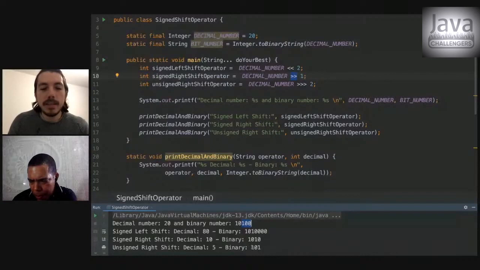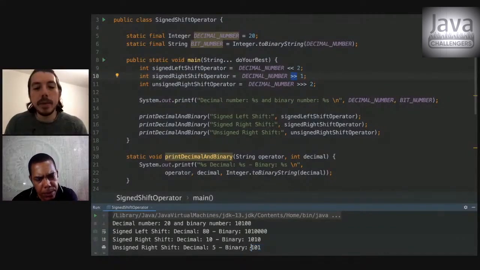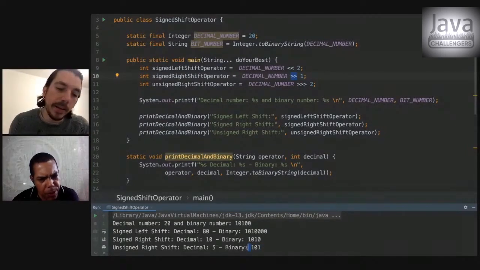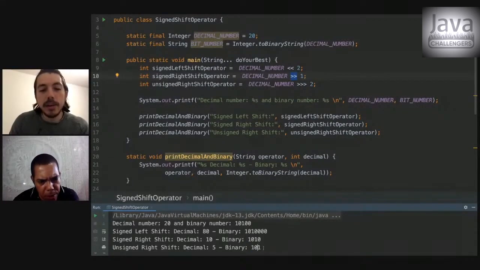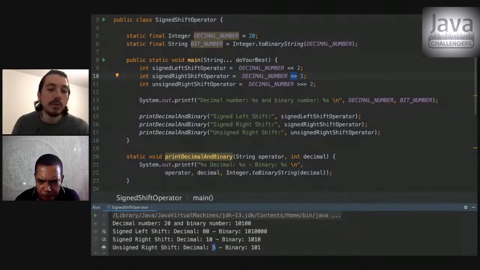Java will not show the zeros on the left, but it doesn't matter. In a binary number, 0 on the left is like nothing. If the binary number goes 2 positions to the right, the decimal number becomes 5, and if we multiply 5 by 4, we have 20.